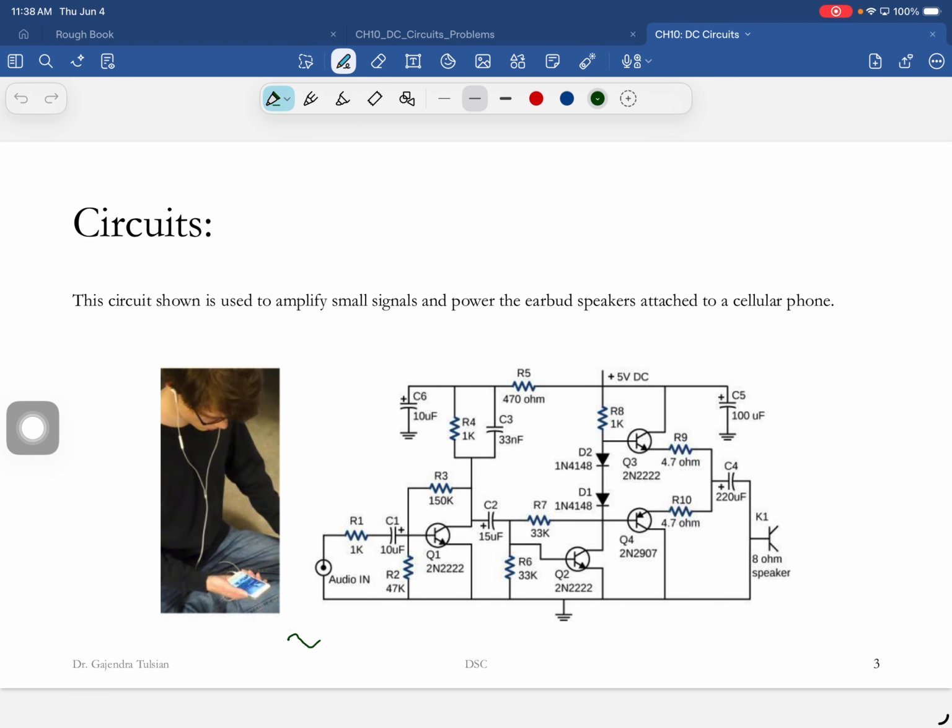The phone is sending a signal like this. This is current versus time. That current amplitude is too small, and it needs to be amplified before you feed it to the speaker. So what the speaker wants is this guy.